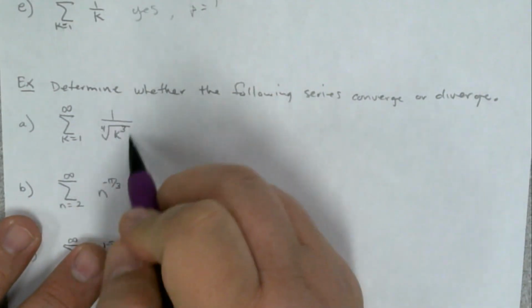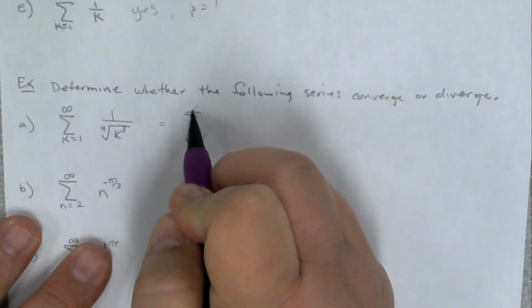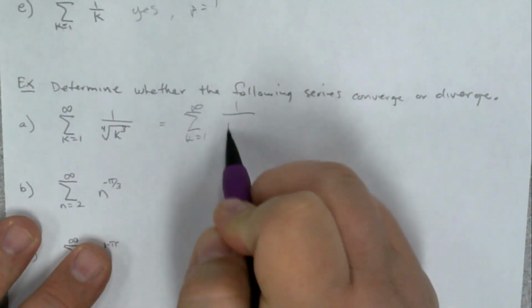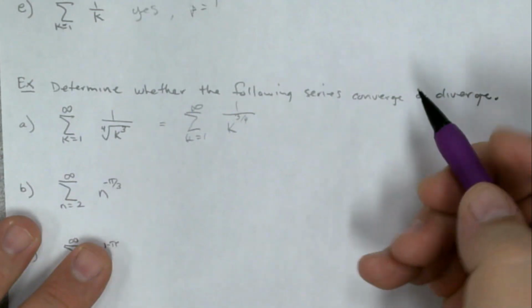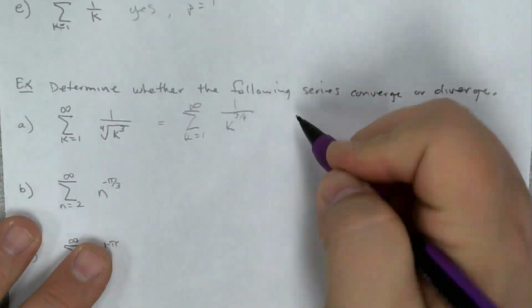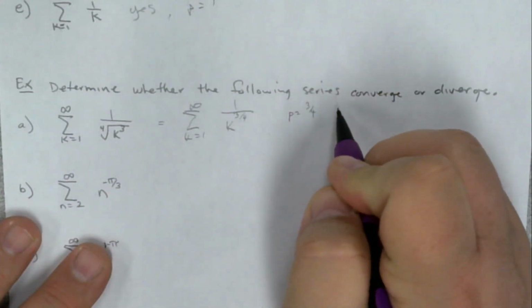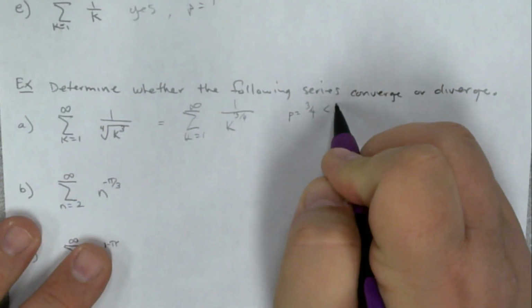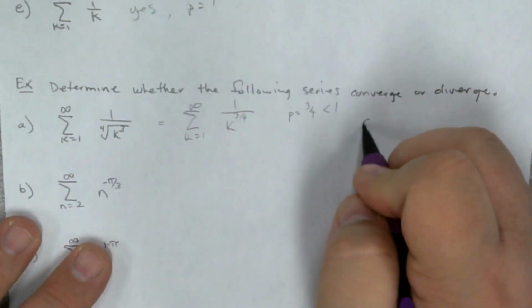So rewrite this in power form, and you'll get the summation k equals 1 to infinity 1 over k to the 3/4. So this is a P-series, and P is equal to 3 over 4, okay, which is less than 1. So this series right here will diverge.